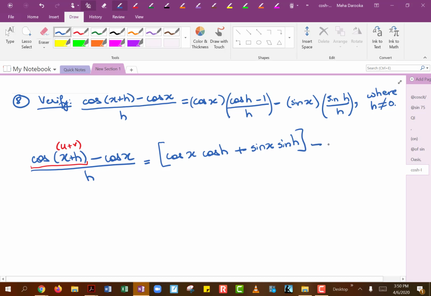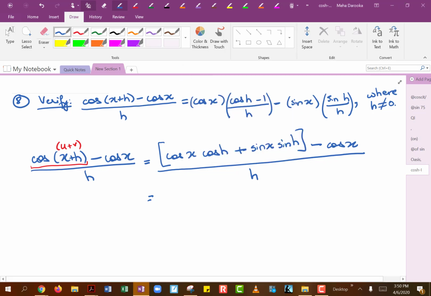Then you still have minus cosine of x on that right hand side. We're still dividing the entire thing by our original denominator, h. But now we've got to separate these, right? So I'm going to go ahead and write this down without those square brackets.